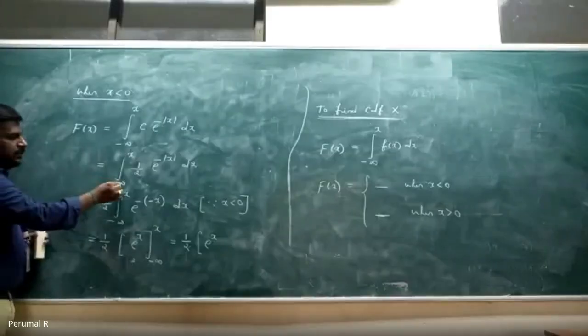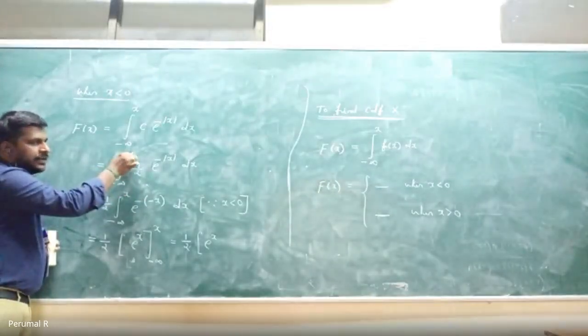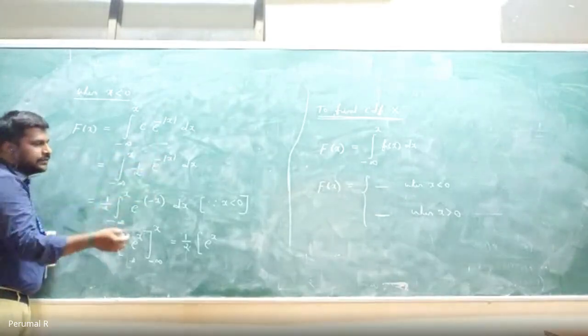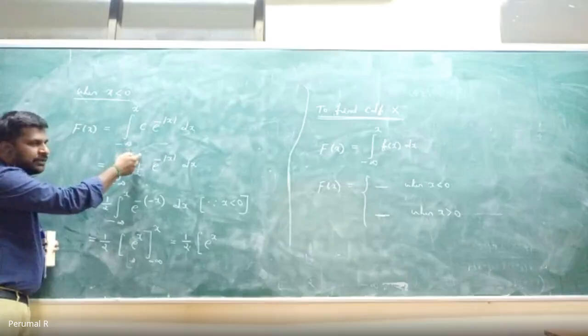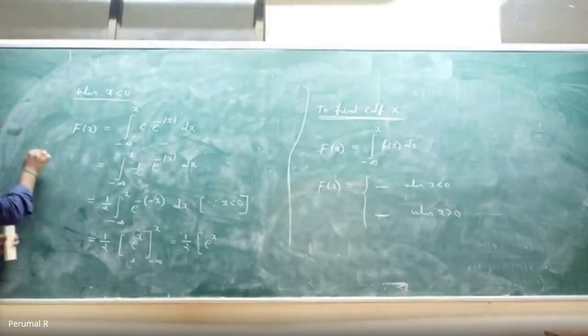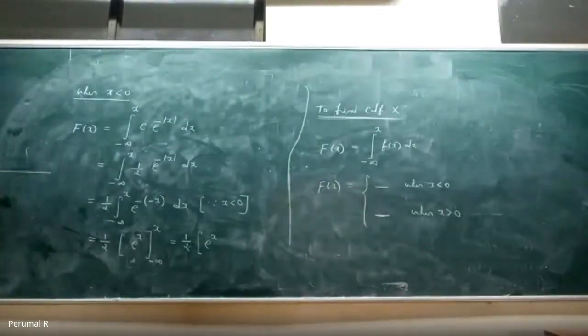Minus infinity to x. Whether it is x less than 0 or x greater than 0, if you substitute x equal to 0, it is minus infinity to 0. Already I told that this is your interval minus infinity to infinity. This is 0.